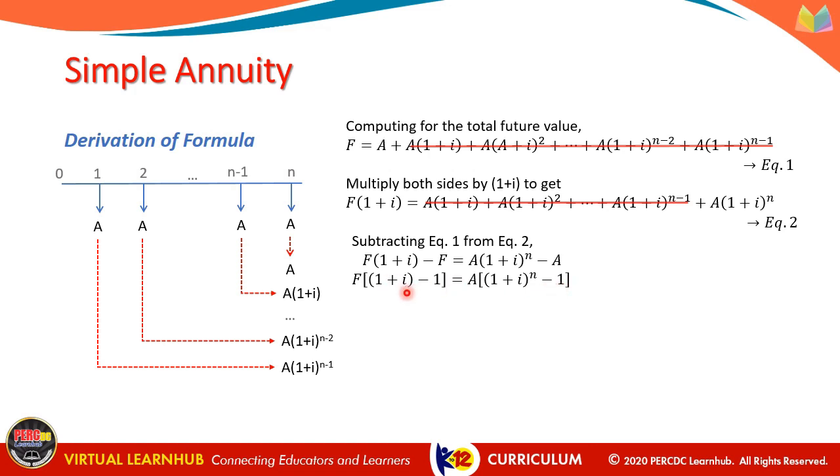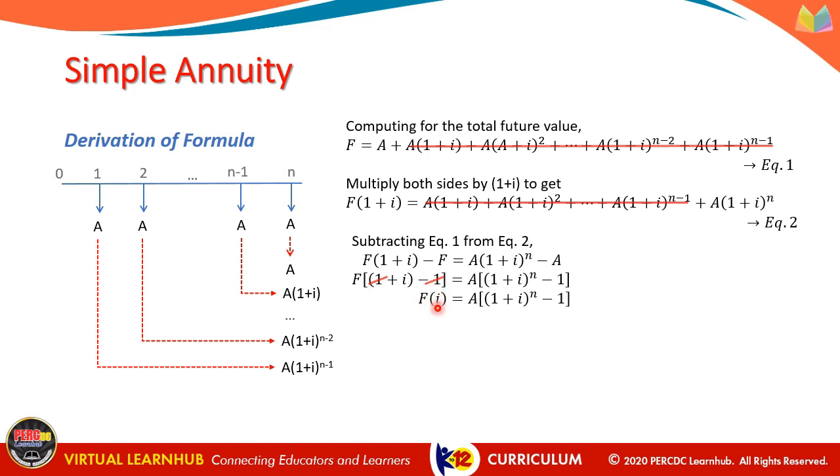On the left side, we can cancel 1 and minus 1. So on the left side, we will just have F times I. And on the right side, we still have A times quantity 1 plus I raised to N minus 1. Okay? F times I is equal to A times quantity 1 plus I raised to N minus 1.